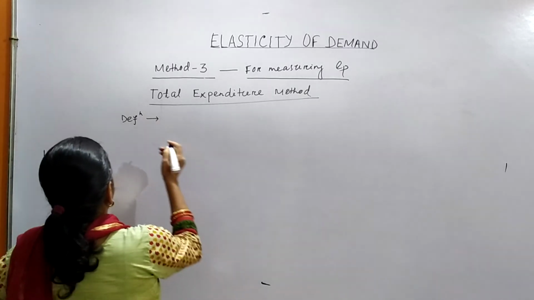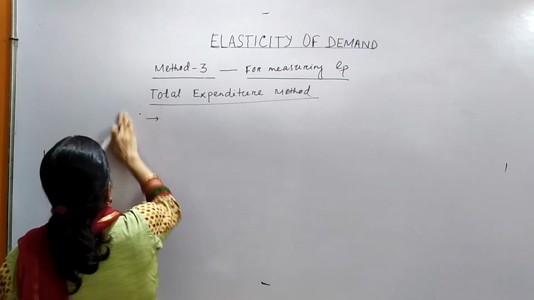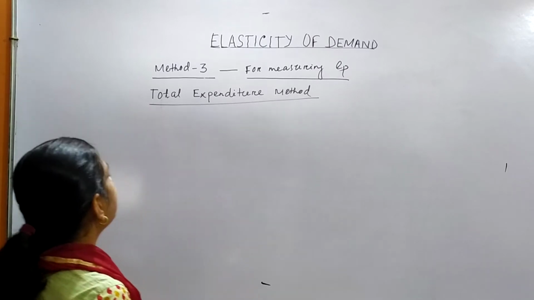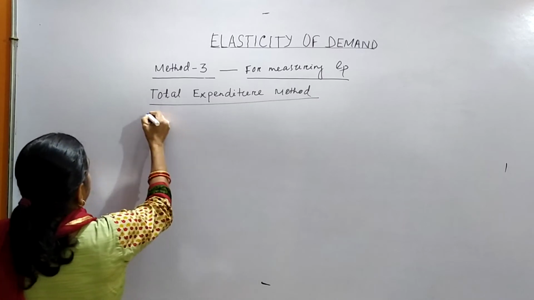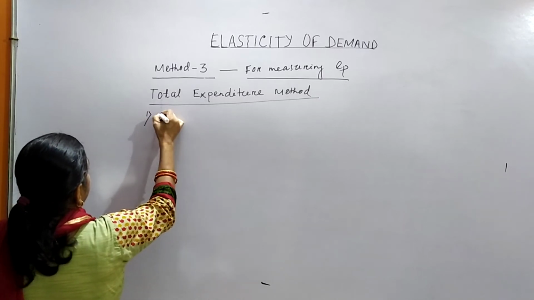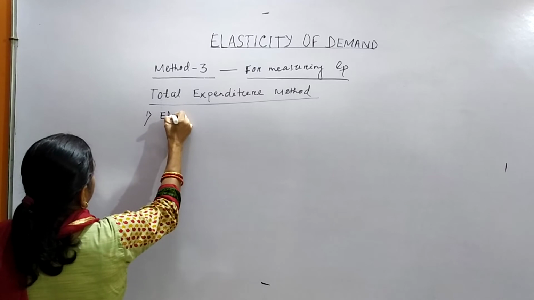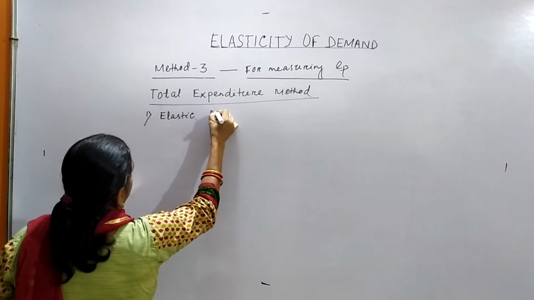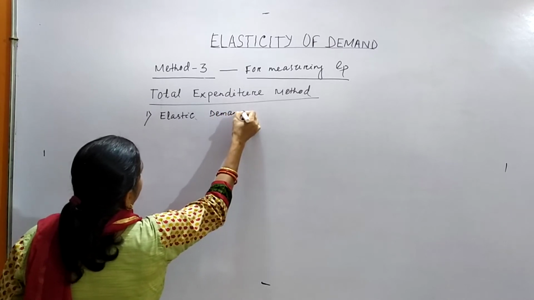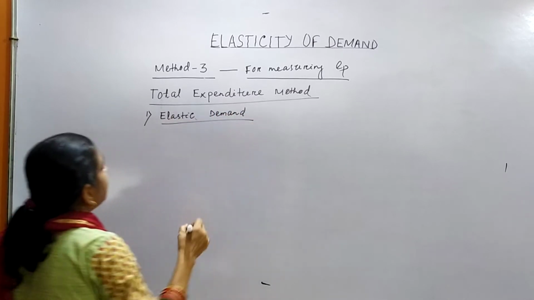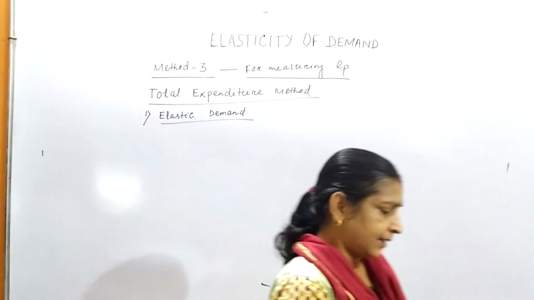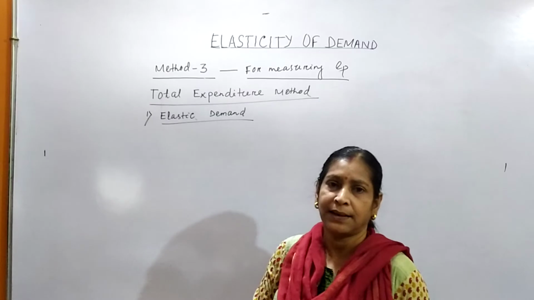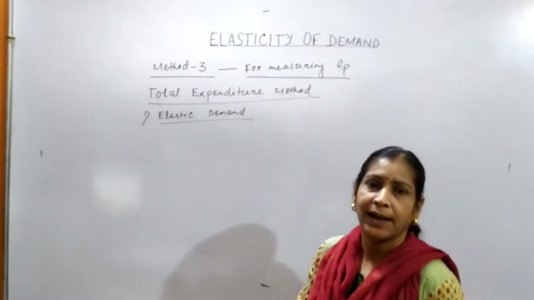First, three types of EP in total expenditure method. First, elastic demand. You know what elastic demand is. In the previous class, when we discussed the types of price elasticity, there was the case of elastic demand.